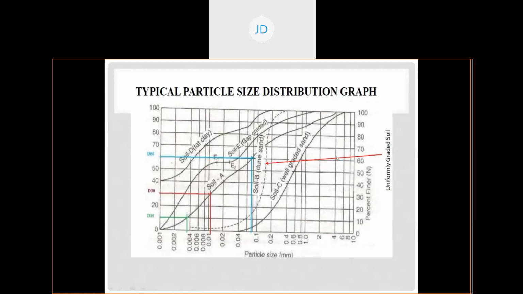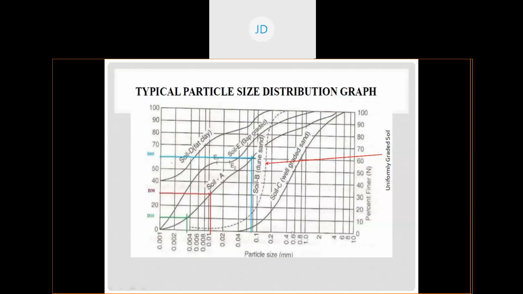Now if I go up to 50 and draw a line horizontally up to the curve, then go vertically downward, it intersects at the middle of 0.4 to 0.6, say 0.5.